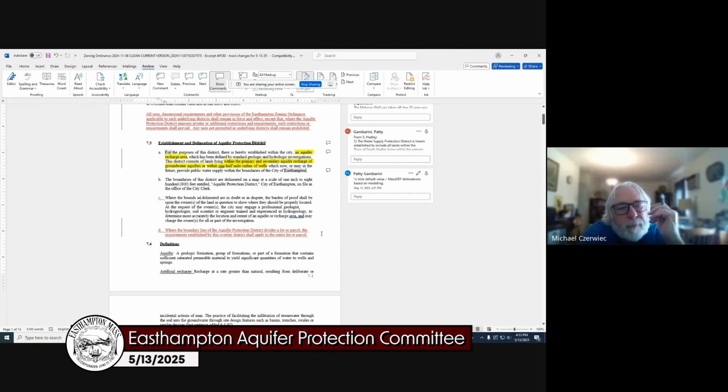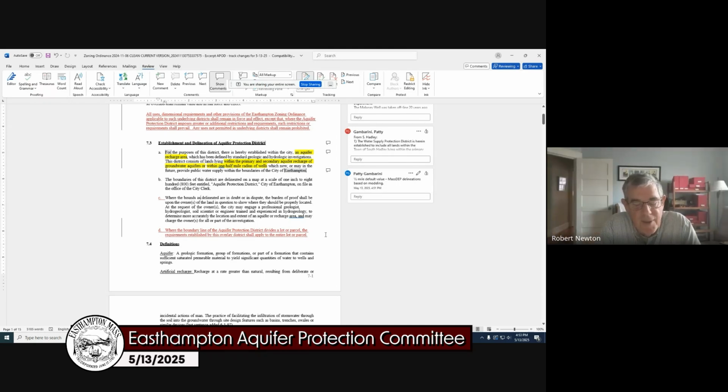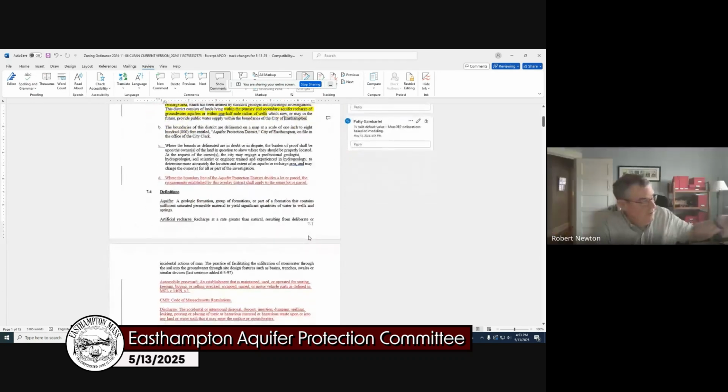Right, especially given that the boundary line of the districts is based on modeling, and I've taken a good lesson from you, Bob, that you could just be over that boundary and it's still contributing to drinking water supply. Yeah, the modeling can give you any answer you want, unfortunately.